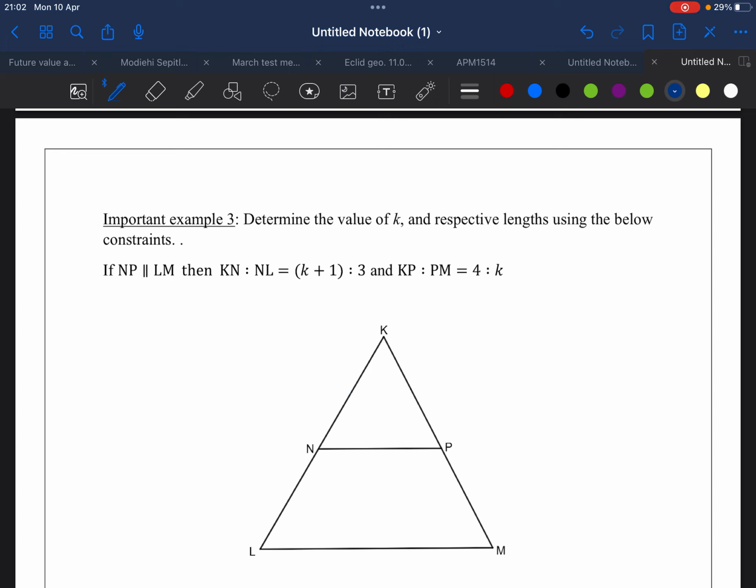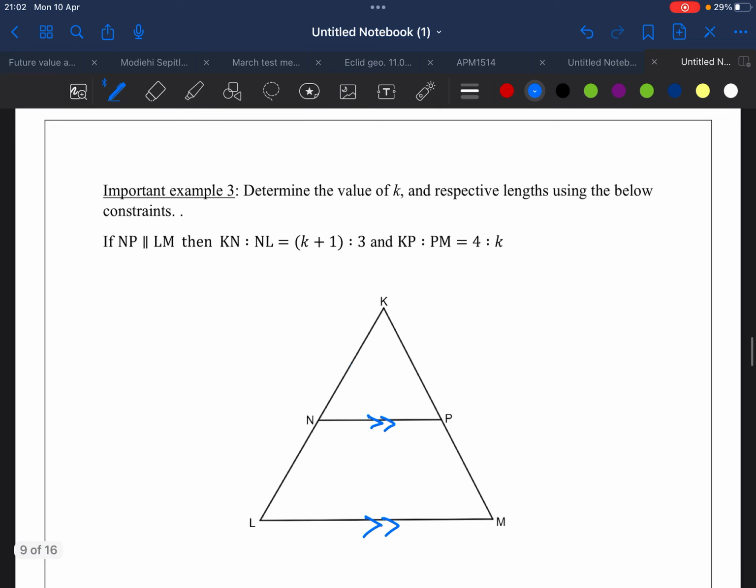You are given that NP is parallel to LM, and also that KN is to NL equals k plus 1 is to 3, and KP is to PM equals 4 is to k.